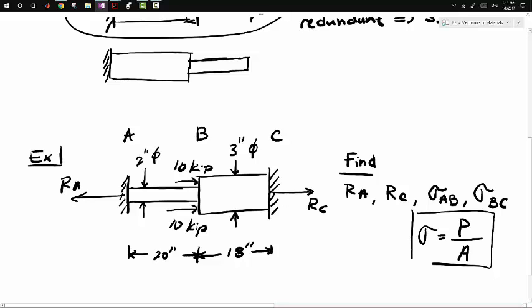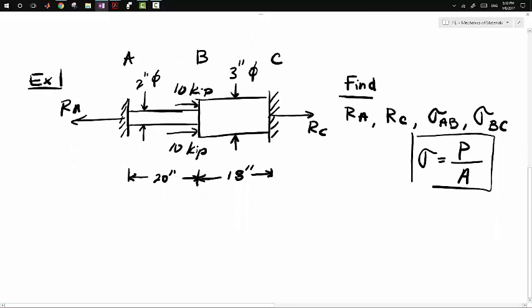So the first thing I want to do is realize this is a statically indeterminate structure. Again, we have two fixed supports, meaning that we can remove one of them and the structure will still be stable. So we have a redundant support.